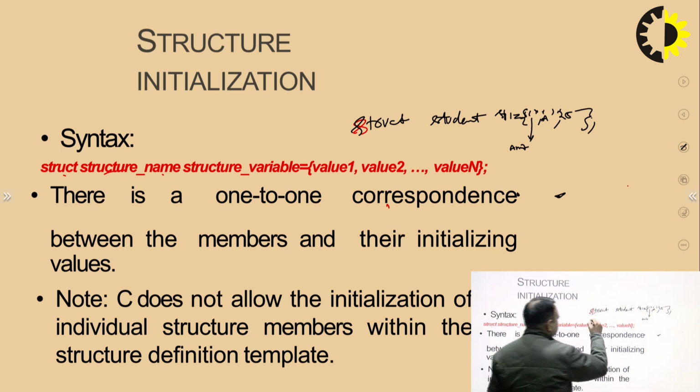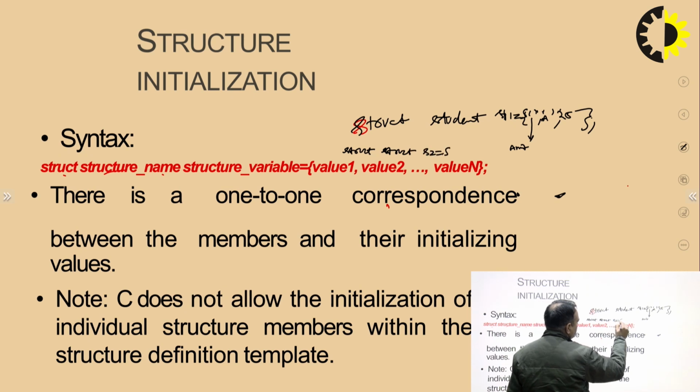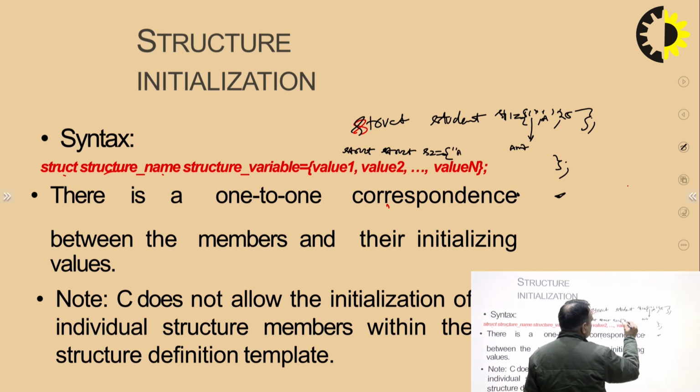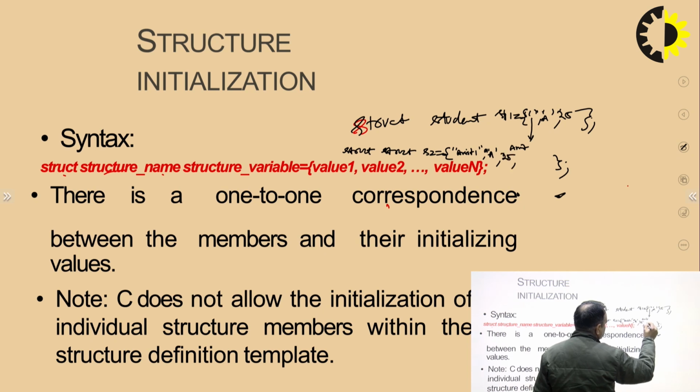In another variable, you can initialize the structure variable s2 in a similar way: open curly brace, closing curly brace, semicolon, for example Amit, grade A, roll number 25, percentage 75.24, like that.